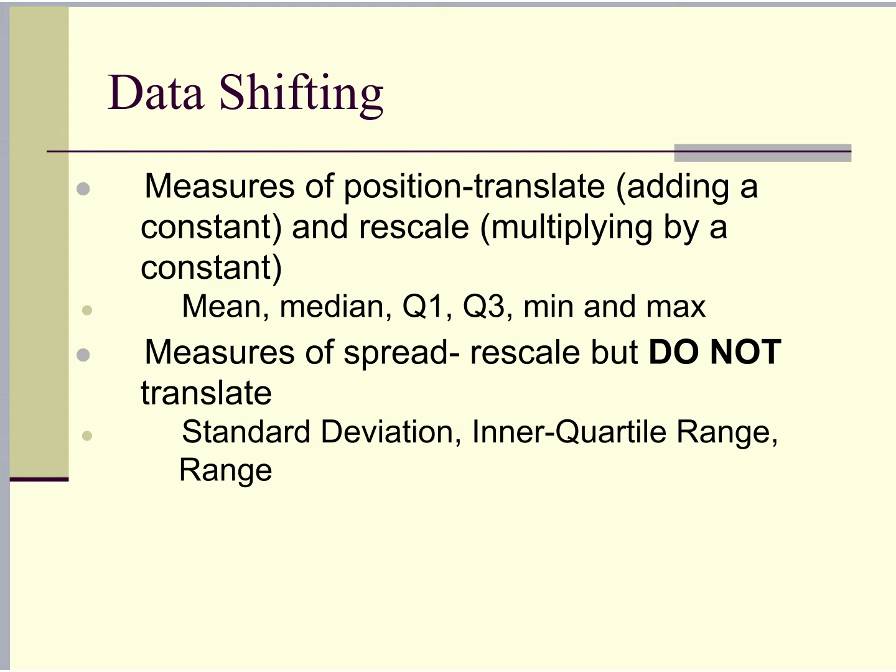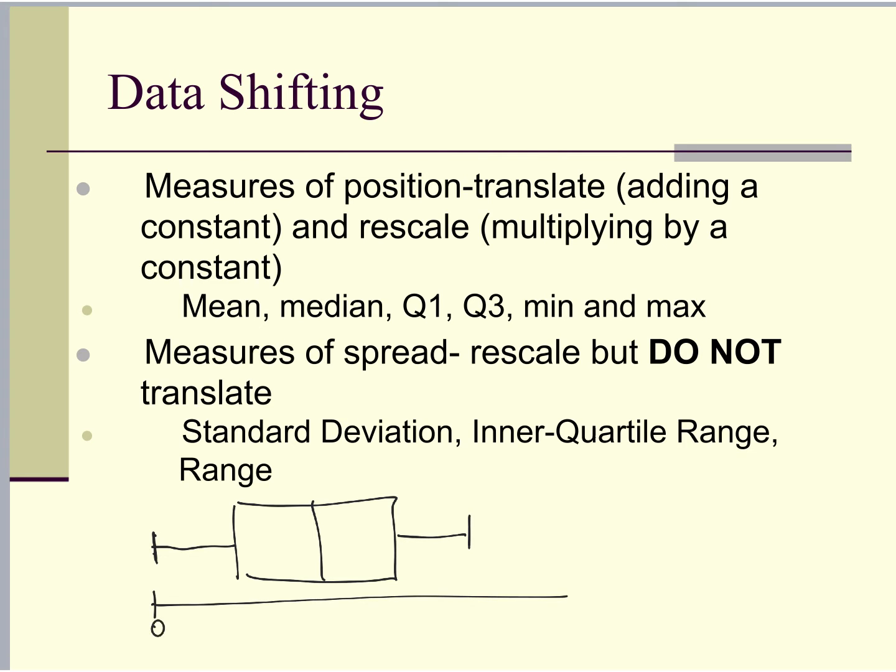If we have points, let's say our data kind of looks like this, and I have a number line. Let's just say it goes from 0 to 10, and let's make the median 5. If I add 10 points to everybody's score, the minimum becomes 10, the maximum becomes 20, and everything else just adds 10 as well.